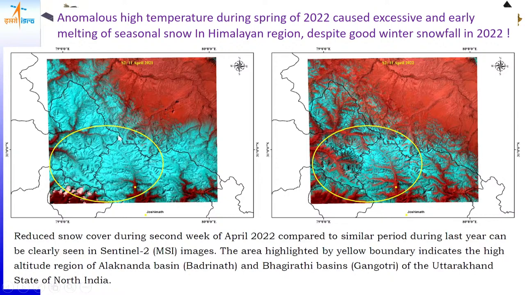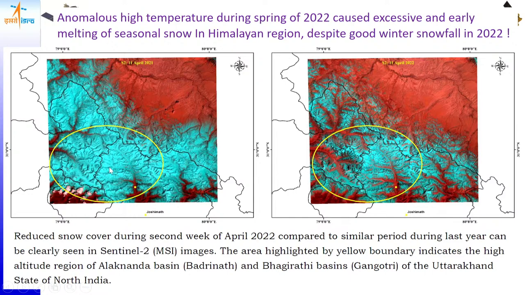Just this year, in March and April, we had a significant temperature rise of almost 4 degrees. Although snowfall up to February was normal, if you see the 2021 image from the satellite, in this case Sentinel-2, and the same image of that particular week or day in 2022, you can see a significant reduction in the snow cover.